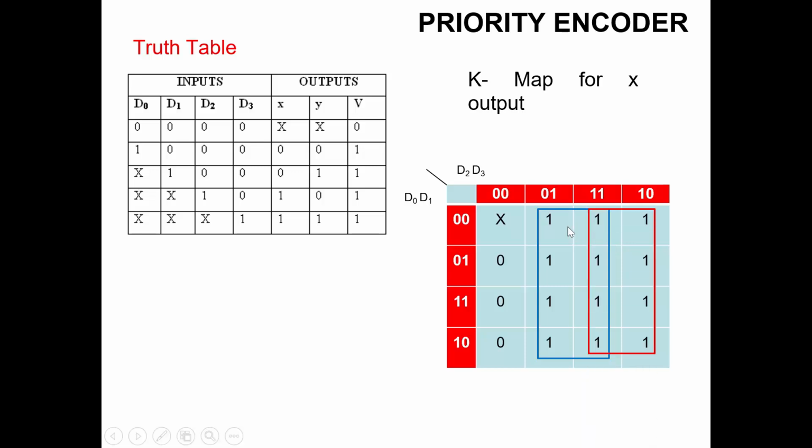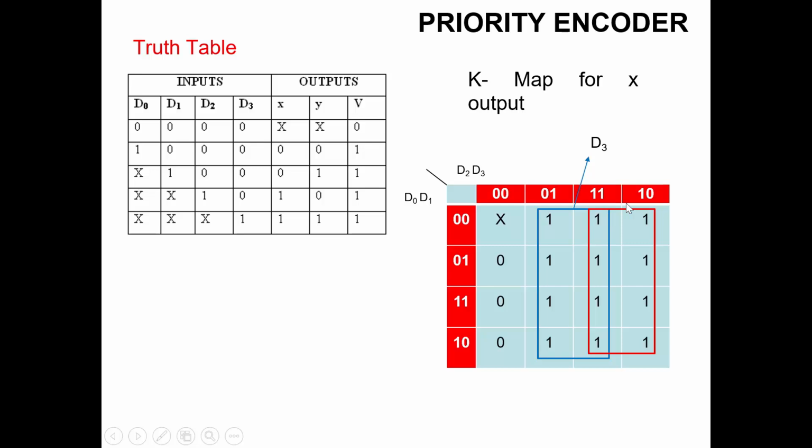On solving this, for this group, the output will be D3 because its value is not changing. All other values are changing from 0 to 1 or 1 to 0. So the output for this one will be D3. For this group, the value of D2 is not changing.